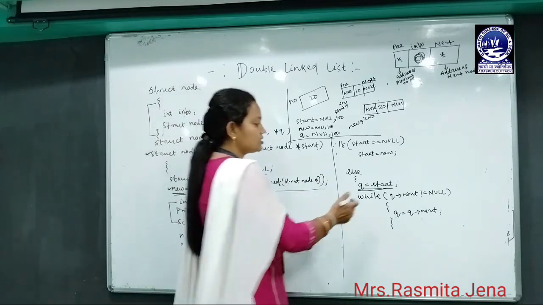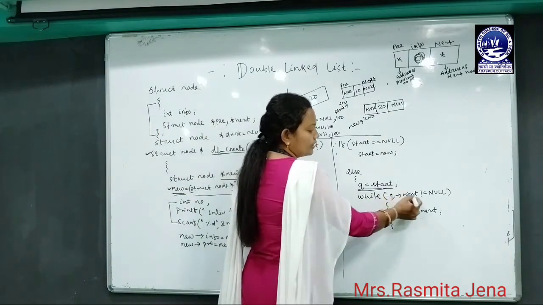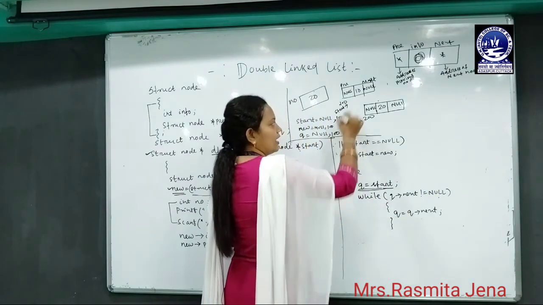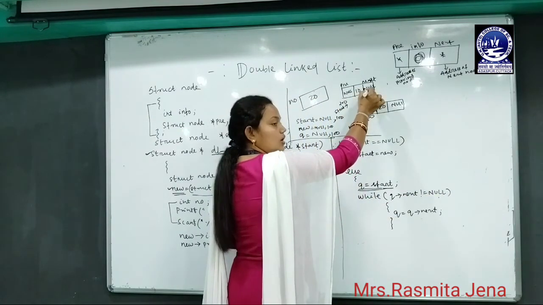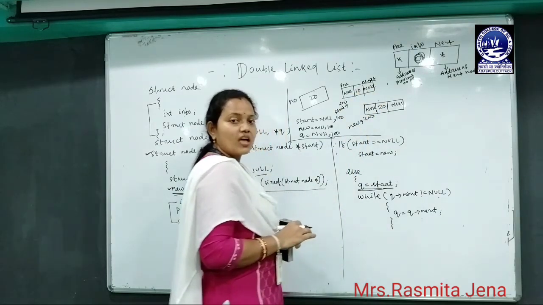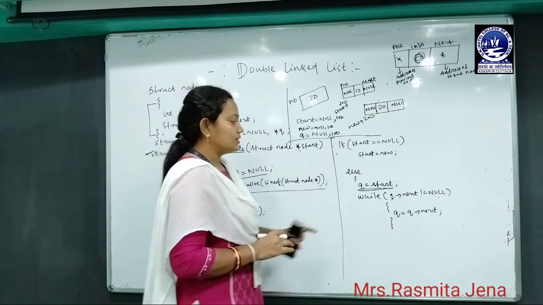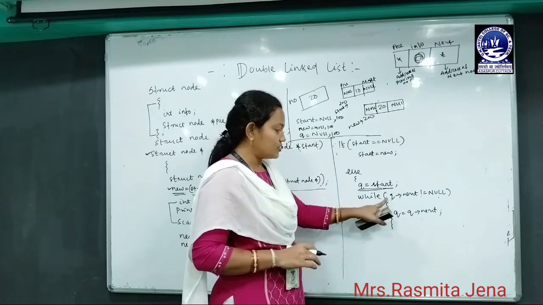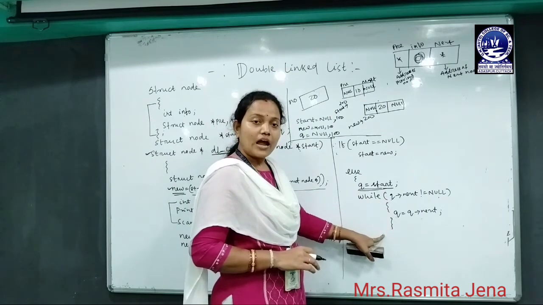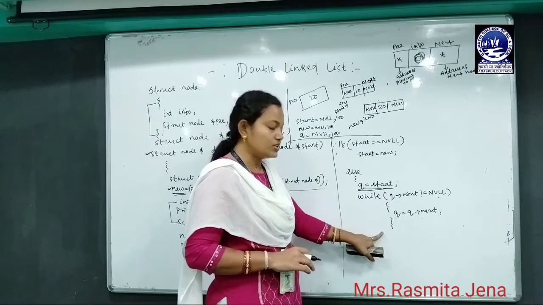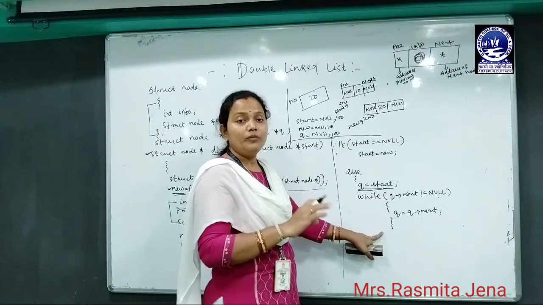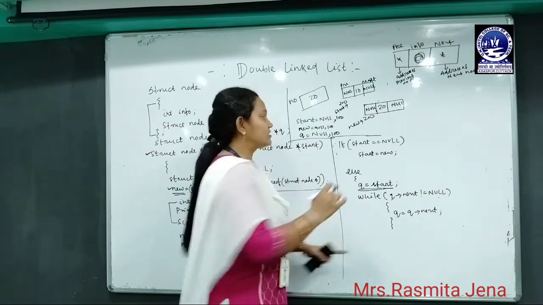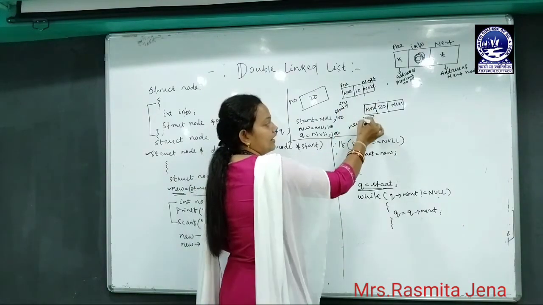double linked list. So I will check whether q next is not equal to null. So q is 100 and q next is null, so the condition is false. As this condition is false, we will not go into the loop. Then we will exit from the loop, and now we will link the two nodes which are created in the double linked list, this one and this one.